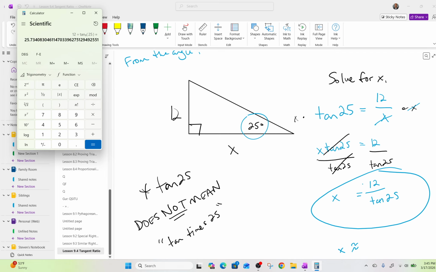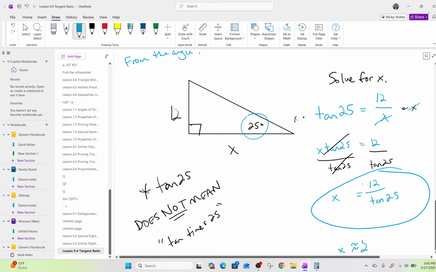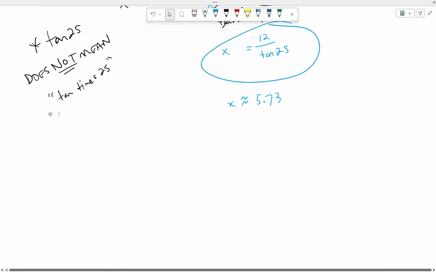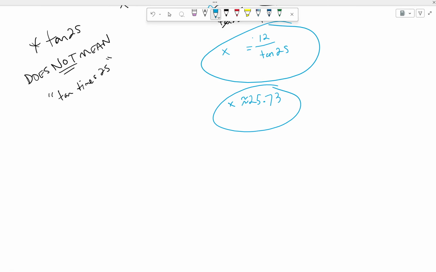And that's about 29.73. Okay. So when we do this, I'm going to give you guys some rounding advice. We are going to round sides to the nearest tenth. So instead of 29.73, we have 29.7.